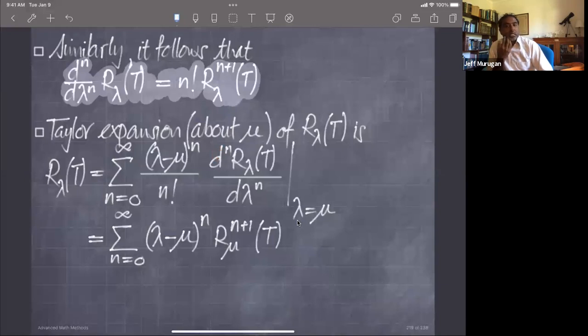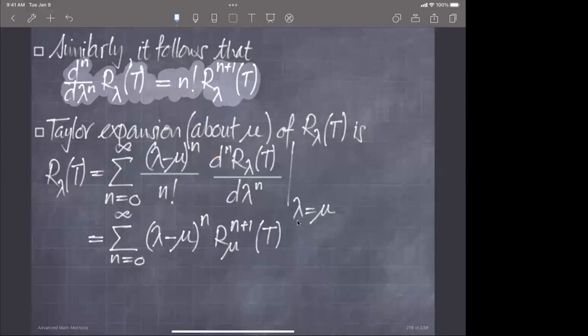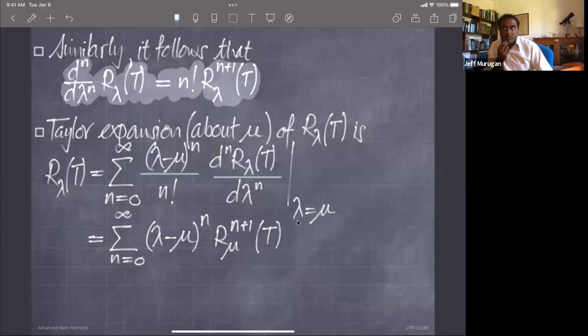None? Okay. All right, so let's use these properties now to explore a very important theorem in operator theory called the spectral decomposition theorem.